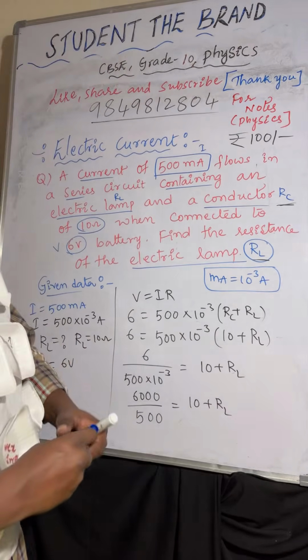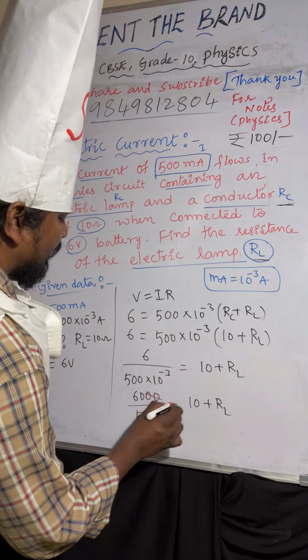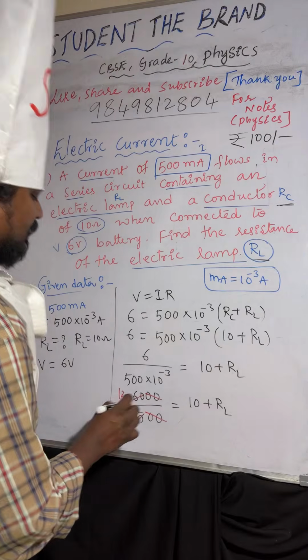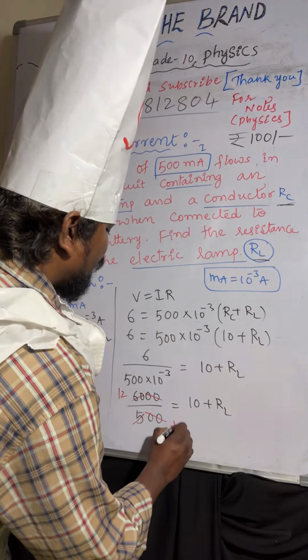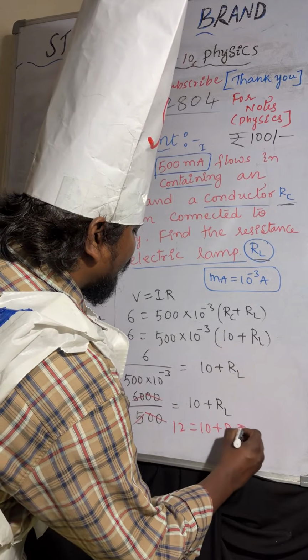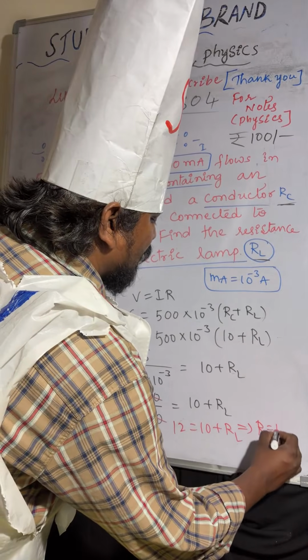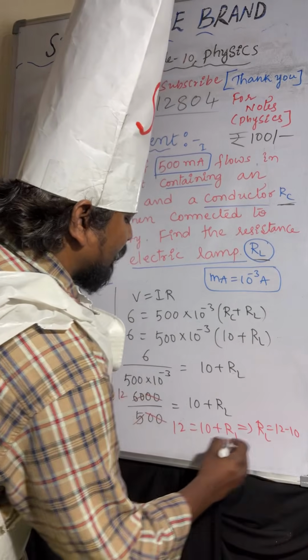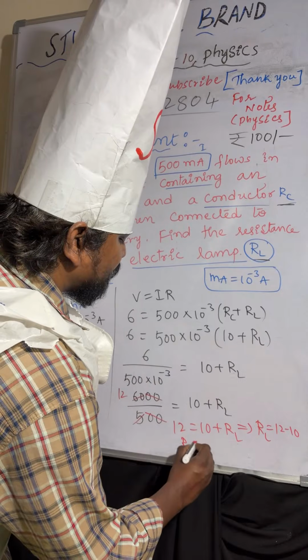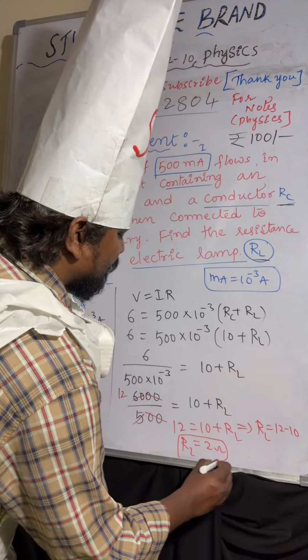We can cancel 2 zeros. 2 zeros get cancelled, 60 by 5 is 12. So 12 equal to 10 plus RL. Then RL equal to 12 minus 10. Then you will get RL equal to 2 ohm. RL equal to 2 ohm. This is the answer.